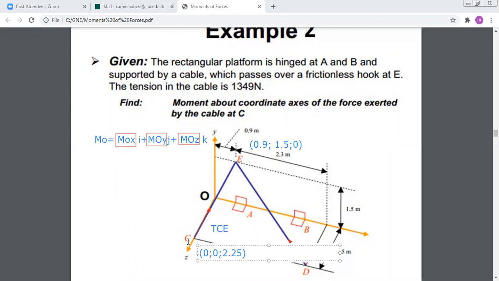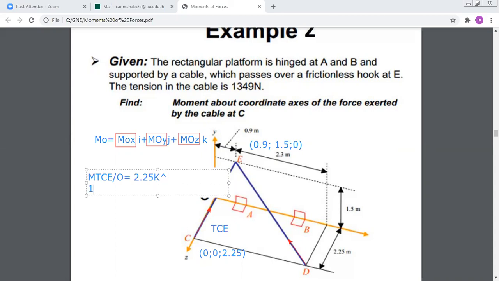Now I can replace in MO, okay? So now for the vector moment, as we said, it's the moment about O of TCE. So the moment of TCE about point O is equal to 2.25K vectorial. Now I replace the unit vector.